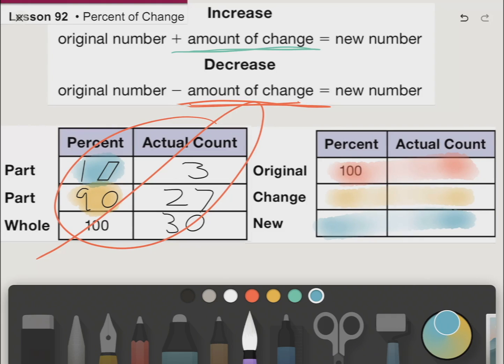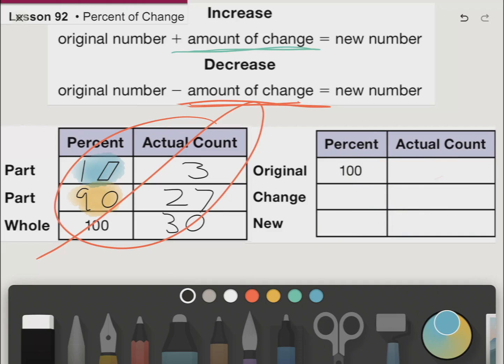So maybe we could think of a different type of example that would more reflect this. Say what we were talking about was the actual amount of change in rainfall between last month and this month.